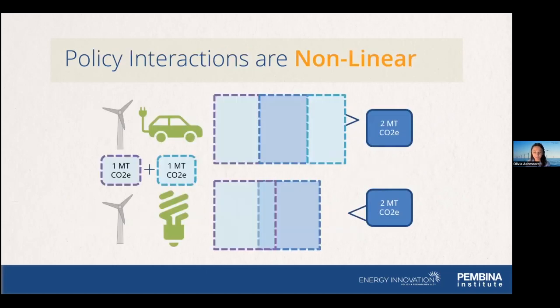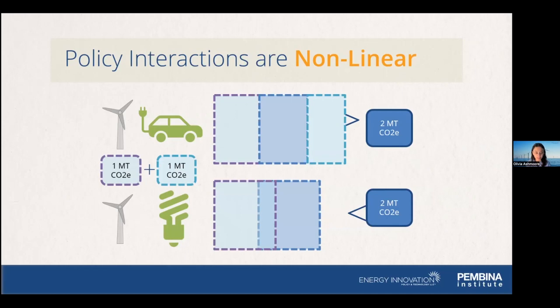So the EPS is built using a system dynamics framework, which is a modeling methodology that allows us to track, for example, stocks and flows like vehicle stock, and allows us to study complex interactions within policies. In this example, we can look at the combined impacts of two different policies and see their incremental emissions reductions.